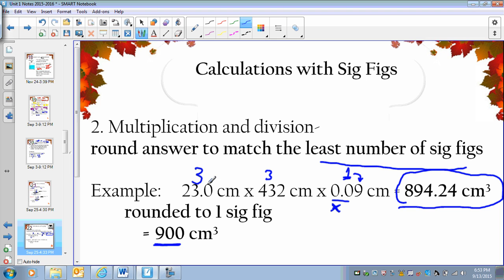So I repeat, we are going to count all significant digits in the number. So 3, 3, and 1. When I have this huge number from the calculator, I have to round it all the way to 900 to make sure I have only 1 significant digit. The trailing zeros don't count if there is no decimal point. So these zeros are not significant, but yes, I'm going to write them.